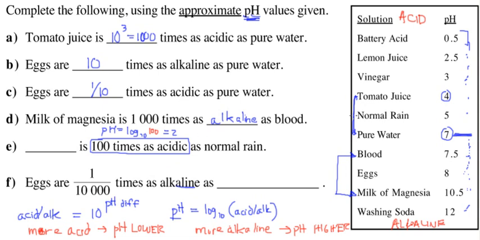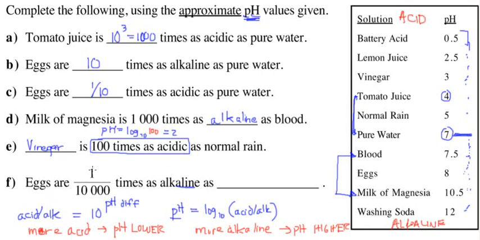So normal rain is a 5. We're saying this is 2 steps more acidic, meaning our pH must be 2 lower than normal rain. That means our pH is 3. They must be talking about vinegar. All right. More acidic means lower pH, and then this formula tells us how much lower? 2 steps lower.